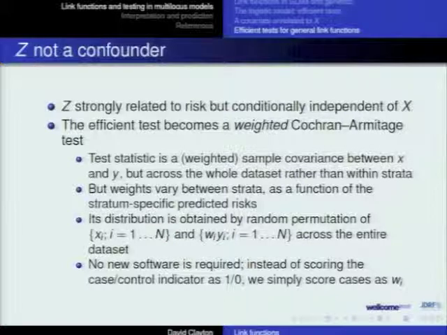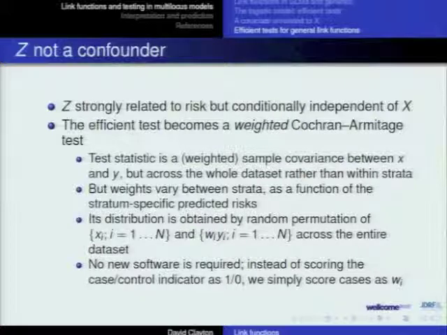Now each pair XY is weighted by a function which depends upon the risk in that segment of the population. So, for example, you're going to get a situation where either high-risk individuals get more weight or low-risk individuals get more weight. And basically, the weight function here depends upon the link function.